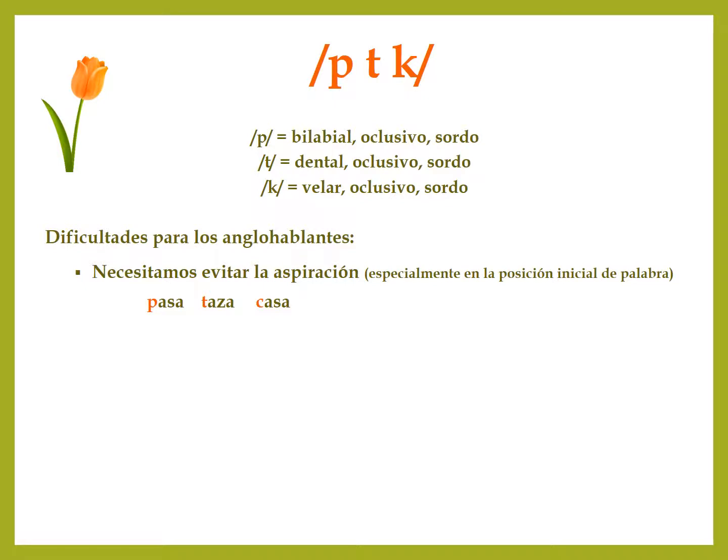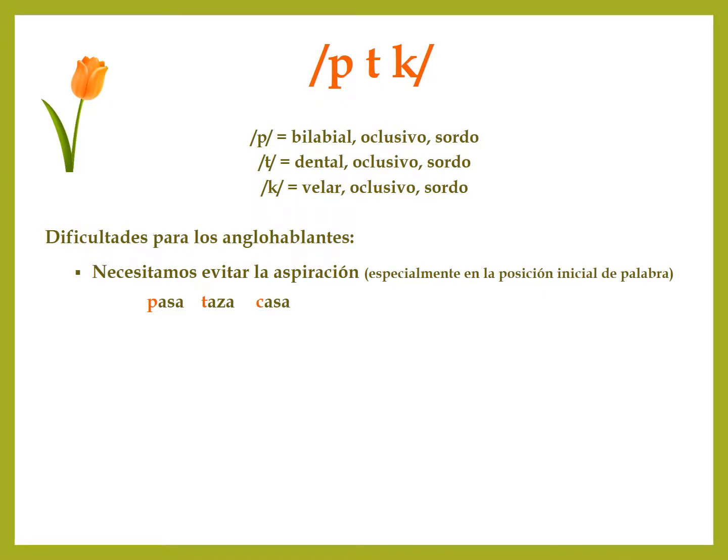Dificultades para los anglohablantes. The number one thing for you English speakers that you want to avoid is having aspiración, which is like a little extra puff of air after you make these sounds. So just making the p, t, k, I want you to exaggerate with me a little bit, and you're going to put a little bit of extra breath after them.